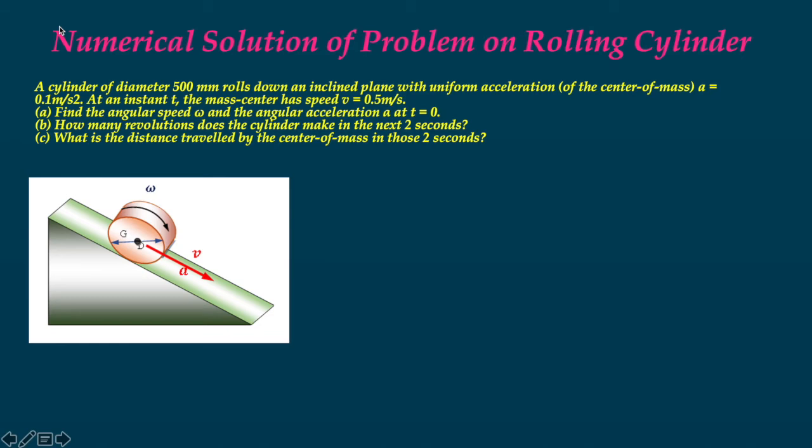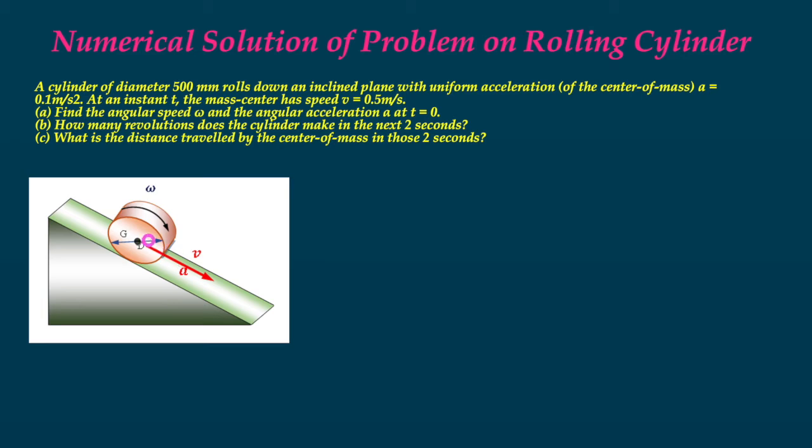This is a problem of a rolling cylinder. A cylinder is rolling on an inclined plane. The dimension of the cylinder is given, and the linear velocity V of the center of gravity or mass center is given as 0.5 meter per second, and the linear acceleration is also given at an instant.